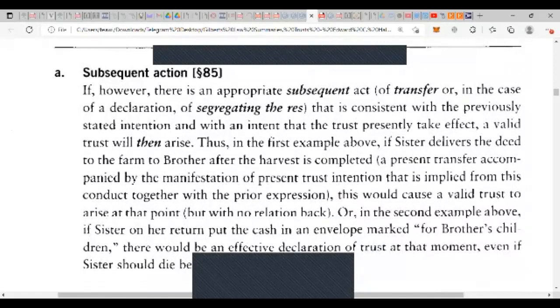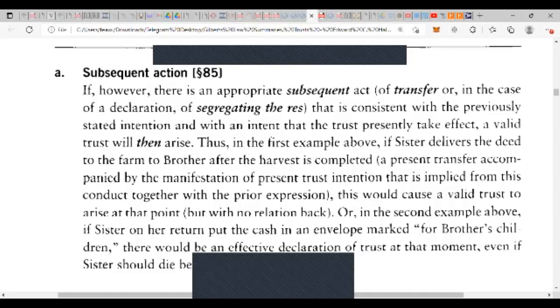Then, in the first example above, if sister delivers the deed to the farm to brother after the harvest is completed, a present transfer accompanied by the manifestation of present trust intention that is implied from this conduct together with the prior expression, this would cause a valid trust to arise at that point, but with no relation back.